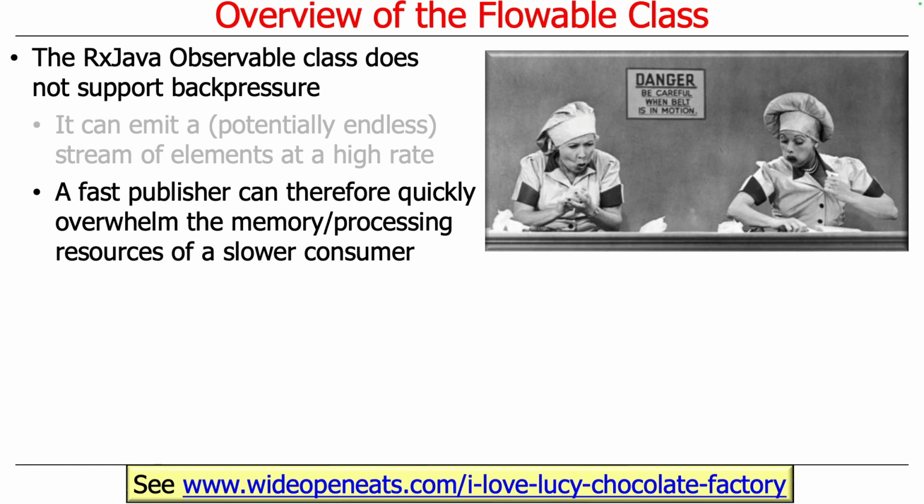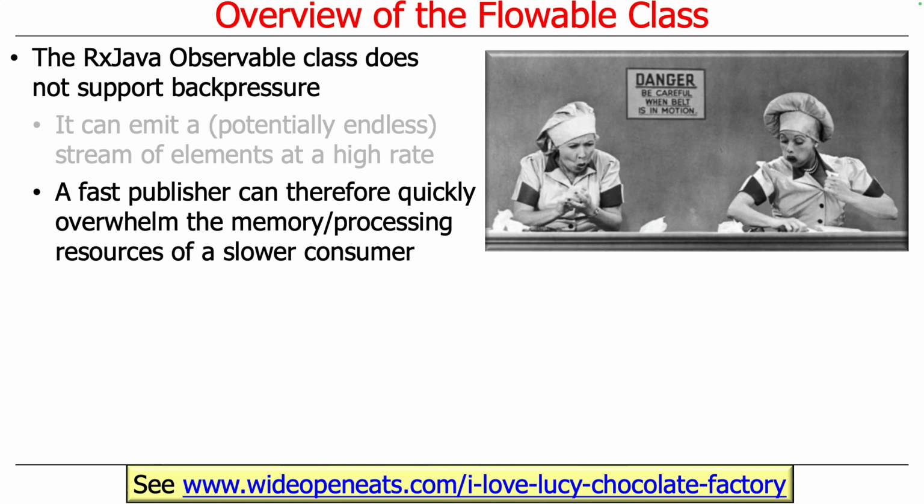If you've ever watched the famous I Love Lucy chocolate conveyor belt in a chocolate factory scene, and if you haven't watched it, you can watch it here at this link. This is a good example of the problem that occurs when things are arriving too fast to keep up with them. The way it works is Lucy and her friend are in a chocolate factory, and their job is to take pieces of chocolate off the conveyor belt and put them in a box.